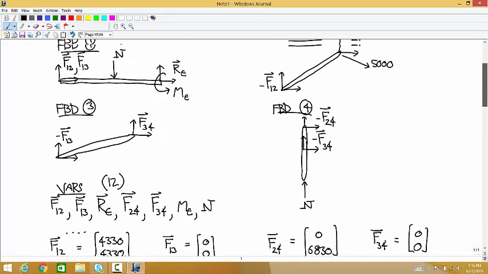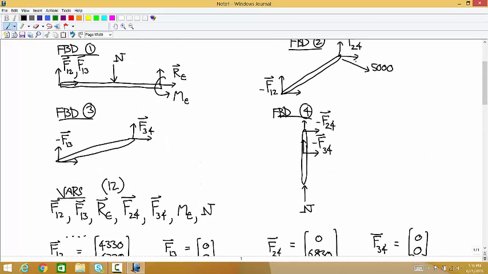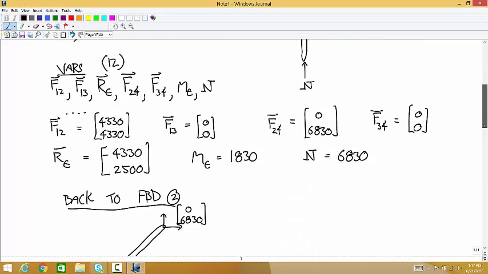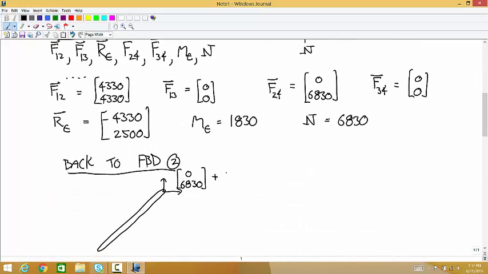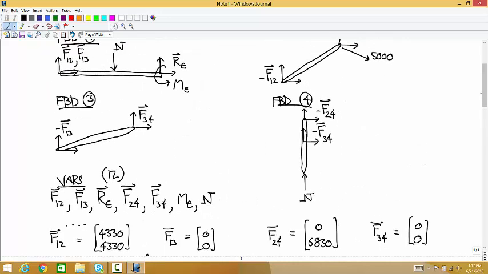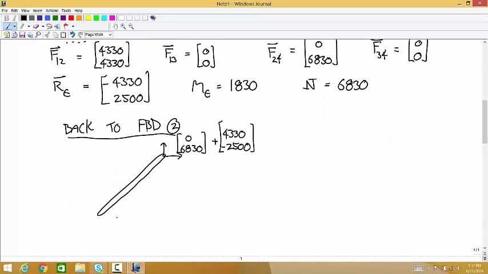And then it also has that 5,000 Newton force that's at an angle of negative 30 degrees. So that's plus 4330, negative 2,500. And down at the joint A, body 2 has the negative of F12 acting on it. So this is negative 4330, negative 4330.